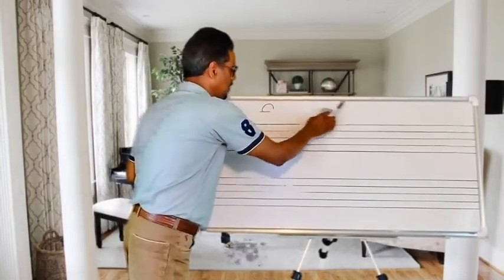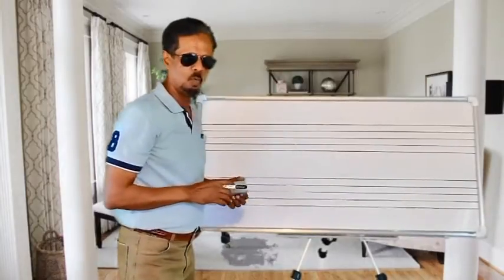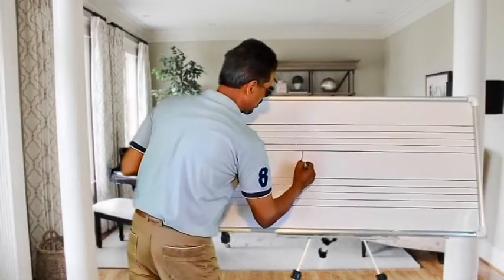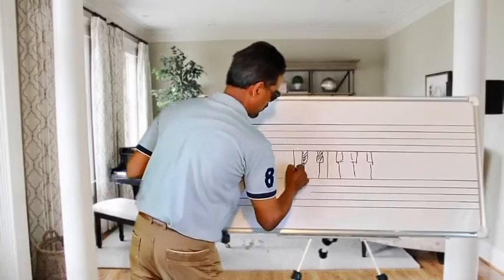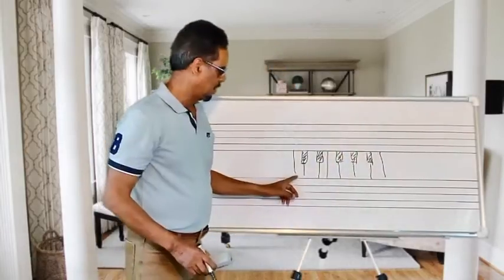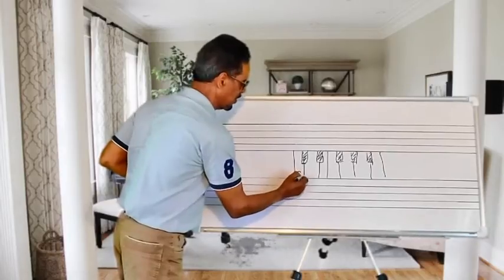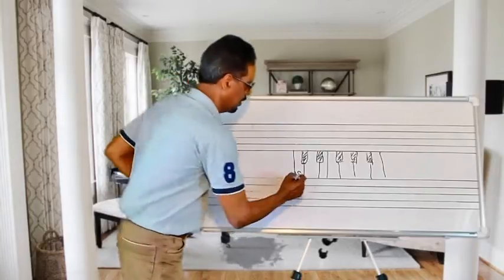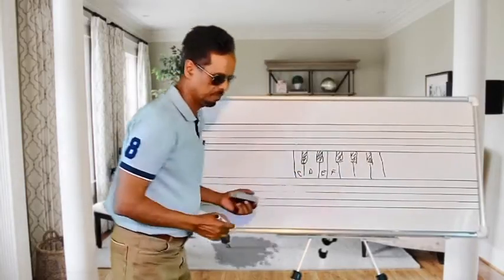Now when we talk about the piano, what is a tone and what is a semitone? I have here my piano. This note is a C. D, E, F, and so on.